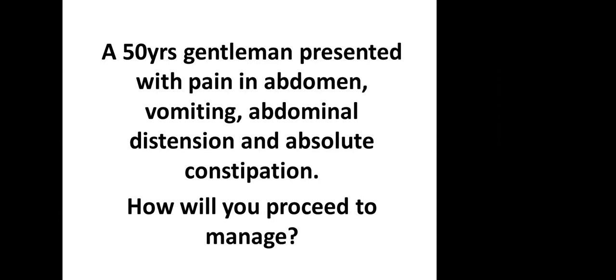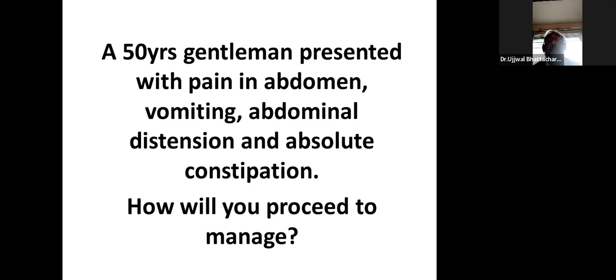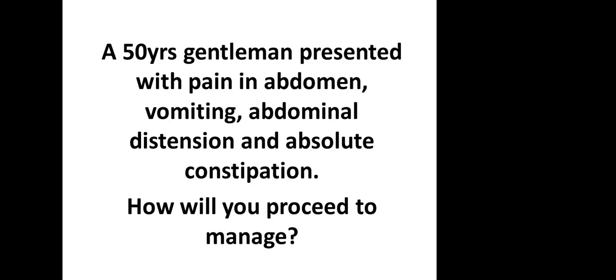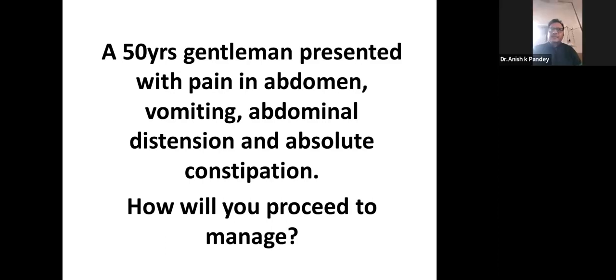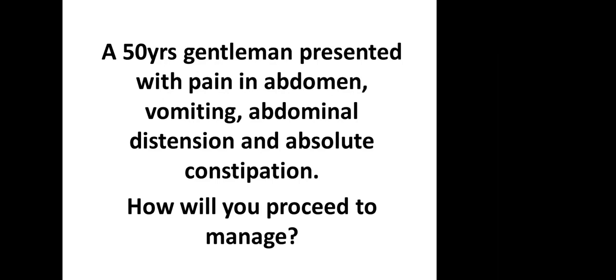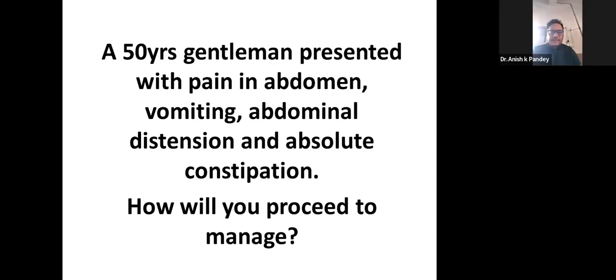Will the large gut be distended or collapsed? In small bowel obstruction, it collapses. So cecal and rectal gas shadows are usually not seen in small bowel obstruction. Yes, sir.